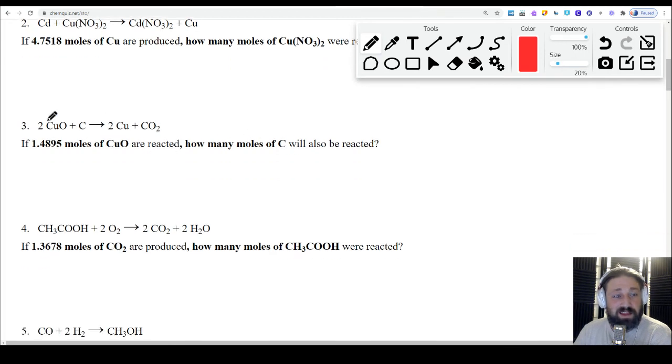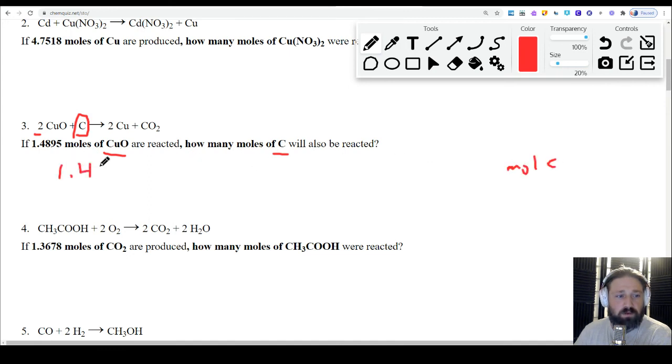All right, this one we can see is we want to have copper oxide. How many moles of carbon will also be reacted? So this is going to be a 2-to-1, or I guess in this case 1-to-2 ratio going on. So again, we can show this. Moles of carbon.